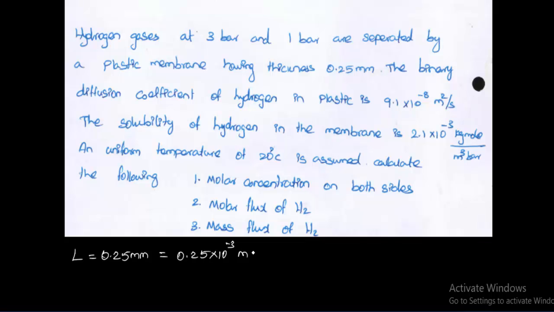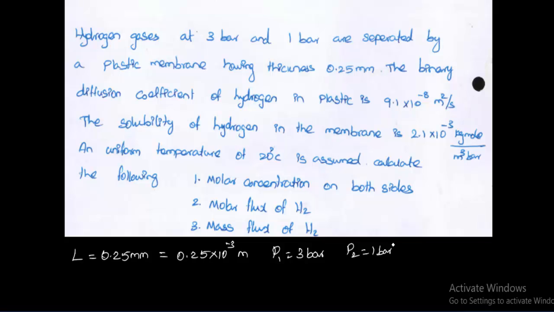The thickness is given. Second thing, hydrogen gases at 3 bar and 1 bar are separated. So on the left hand side it is 3 bar, on the right hand side it is 1 bar. So P1 equal to 3 bar, P2 equal to 1 bar.